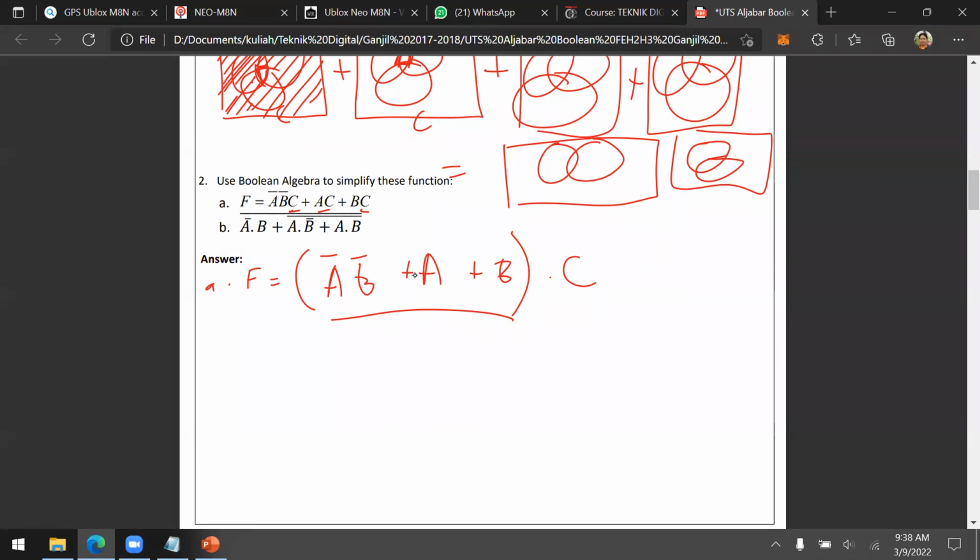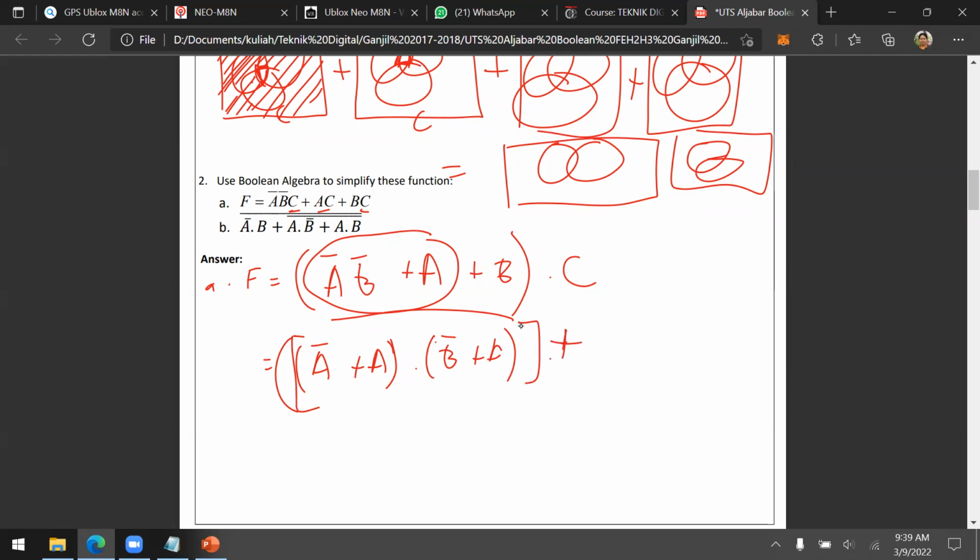Let's take, for example, this one first by using distributive. A naught plus A times B naught plus A, this one plus B times C. This one is 1.